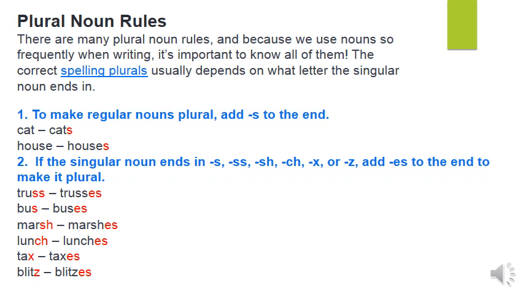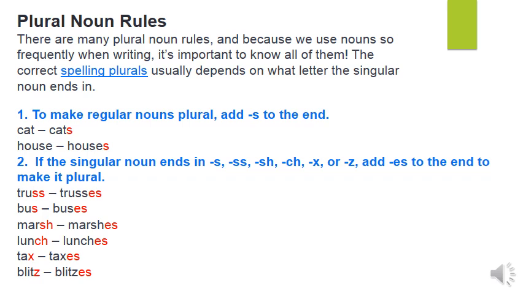Rule number 2 says if the singular noun ends with s, double s, sh, ch, x, or z, you have to add es to the end of the noun to make it plural.